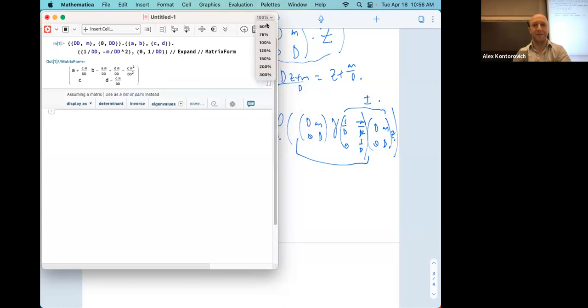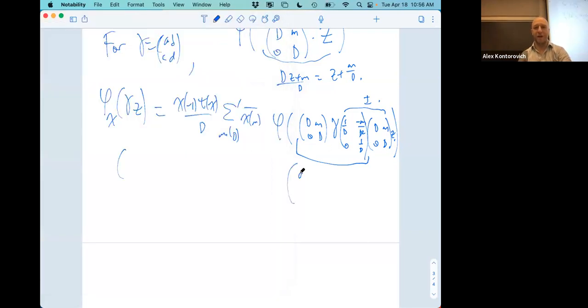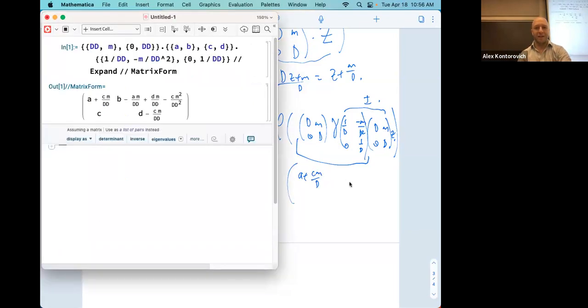Yeah, a little ugly. There we go. Okay, so this whole thing comes out to A plus CM over D, A plus CM over D. Yeah, because capital D means differentiate.